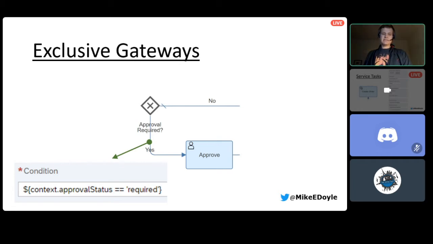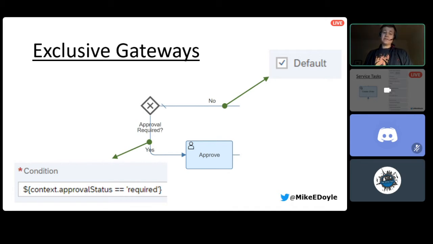In this case, we've said if the approval status is required, then we want to follow this branch, the one that the arrow is coming off here. And on the other flow, we just put a default flag. So what that means is that in all other cases, it goes along that default path.